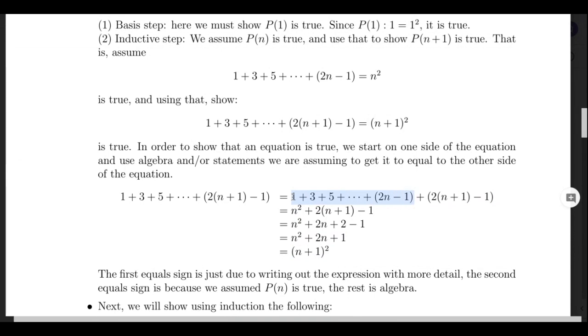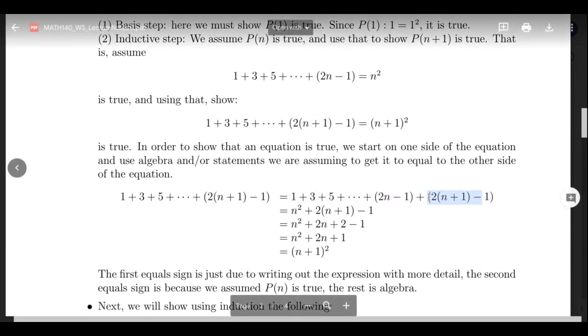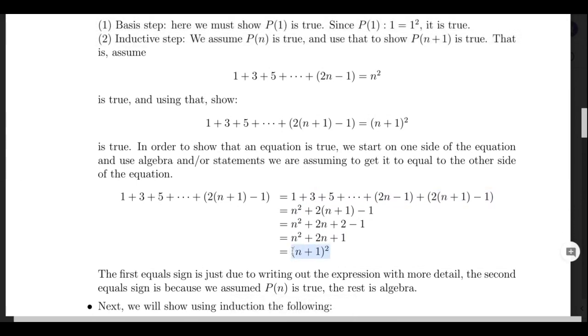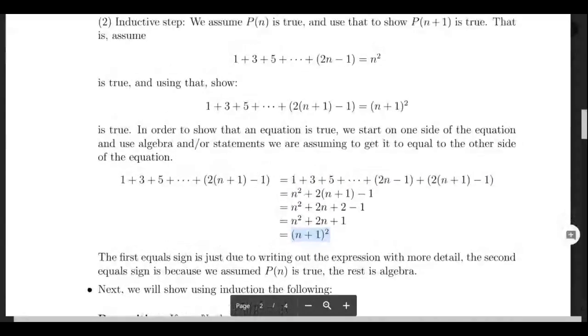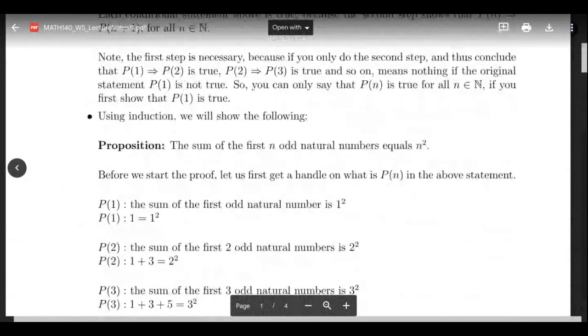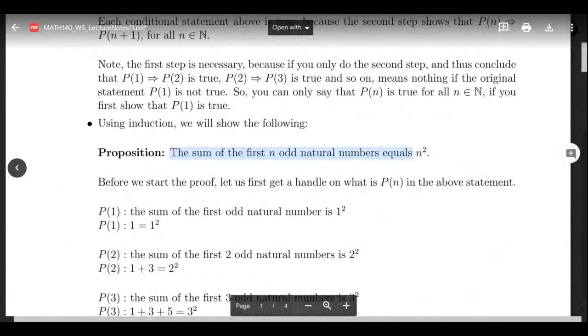So this is the sum of the first n odd natural numbers. And this is n plus 1. So we simplify, that is true, n plus 1 squared. Okay, so this is how we prove the proposition by induction. So the proposition is this.